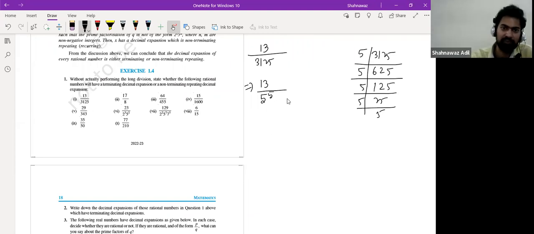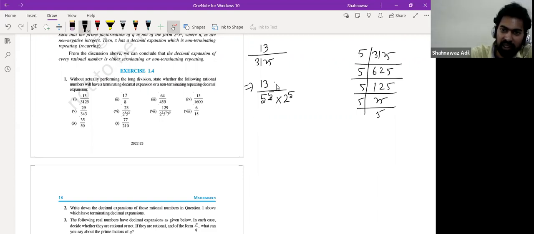Understood? Yes, sir. Now to calculate the decimal expansion, it has 5 to the power 5, right? So we will multiply it with what? 2 to the power 5, right? Understood?